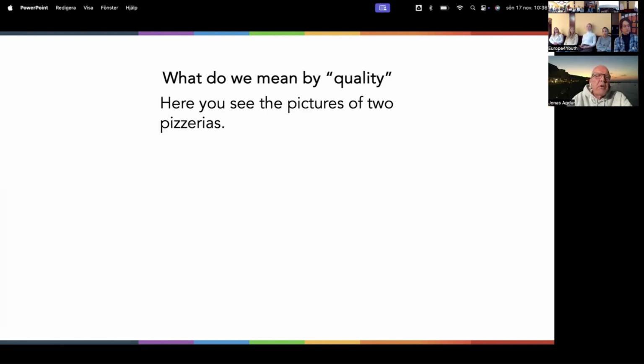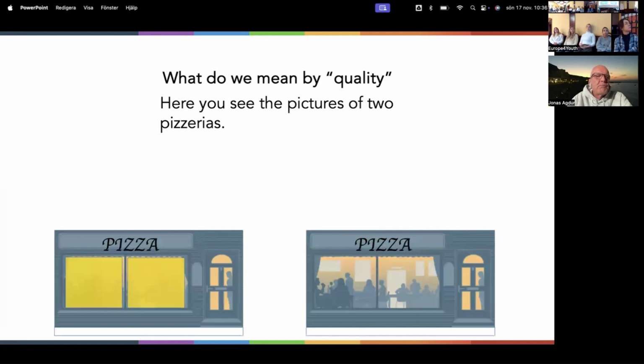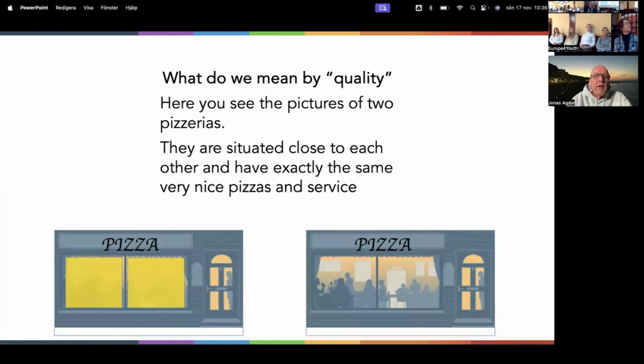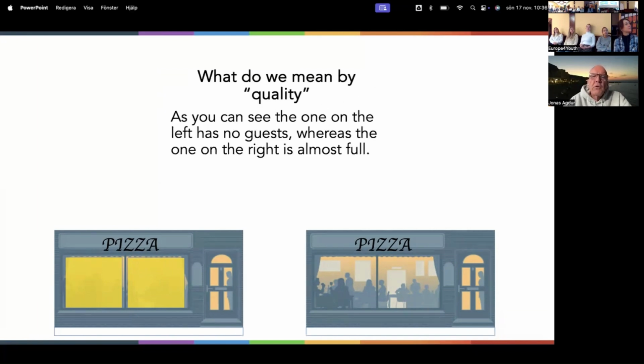So here you see the pictures of two pizzerias. They are situated close to each other and have exactly the same very nice pizzas and service. They are totally equal. As you can see, the one on the left has no guests, whereas the one on the right is almost full.